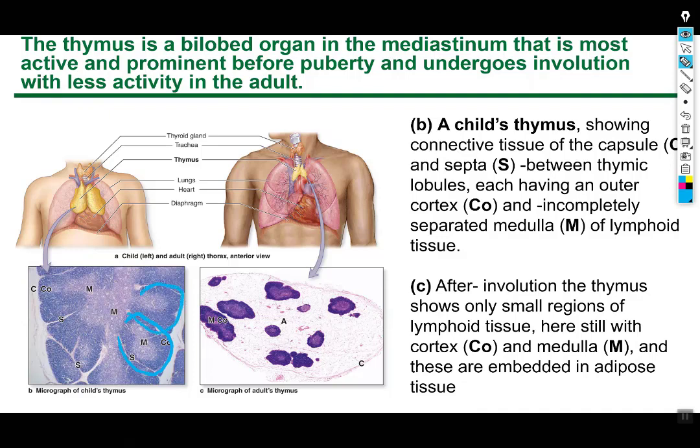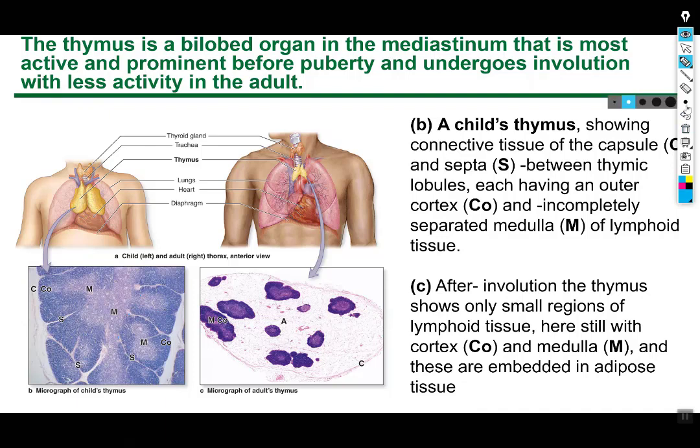And in between the lobules are septa. And septa contain sinuses and also connective tissue. Also, each lobule has a cortex, which is this outer dark blue layer, and a medulla, which is this inner light blue layer. So those tissues color differently because they are kept separate from each other.